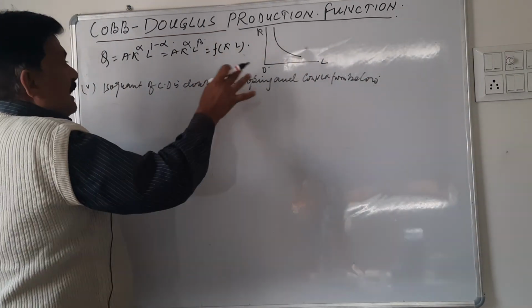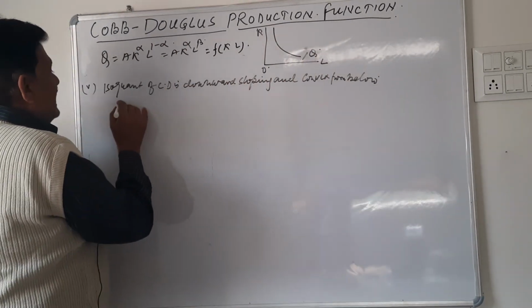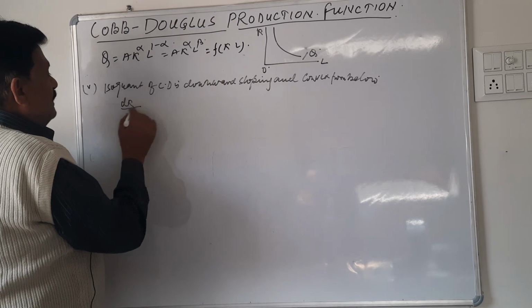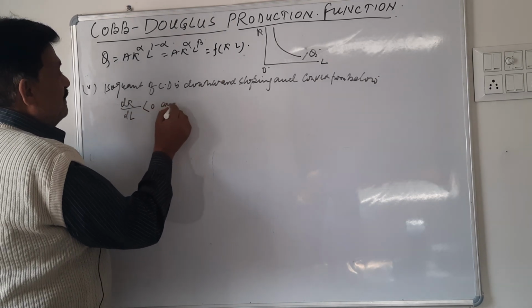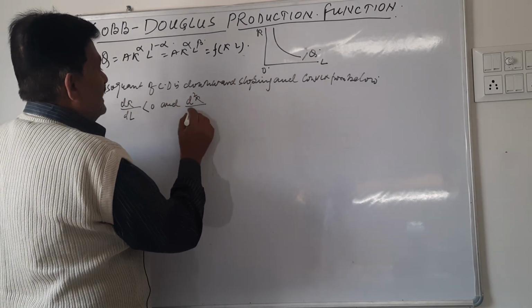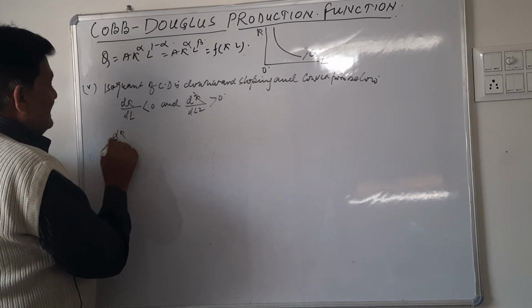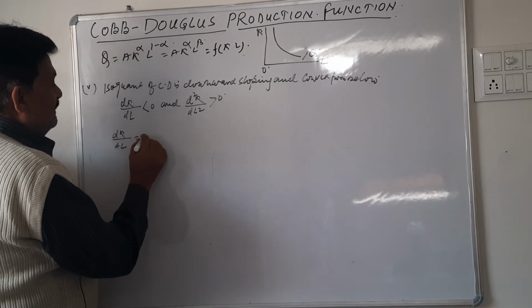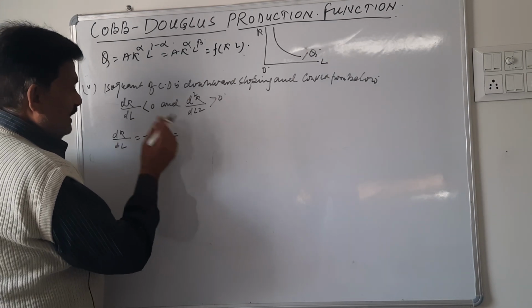Now for an isoquant to be downward sloping, it must have a negative slope. So for downward sloping, we have to show dK/dL negative, and for convexity of the curve, we have to show the second derivative as positive. Now dK/dL is defined as minus MPL by MPK, as I had shown in the last class.